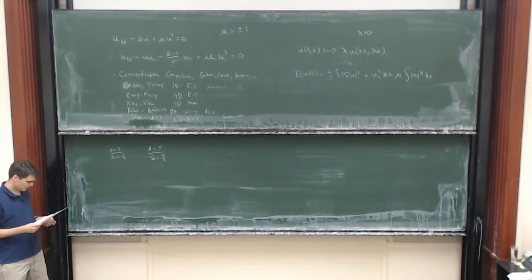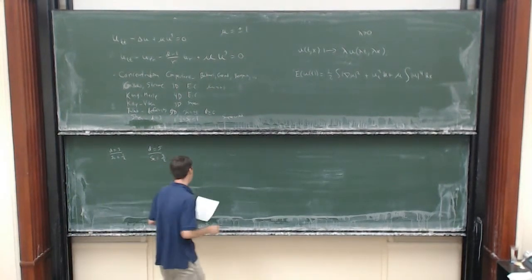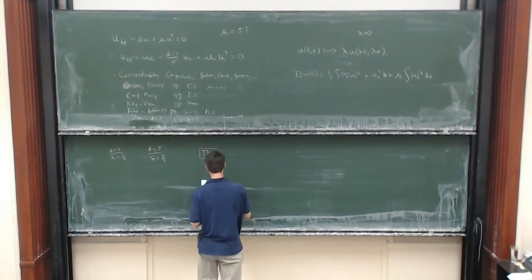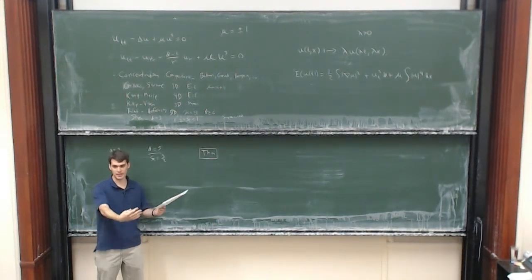Yeah. And because we don't have a conserved quantity, we assume that we have an upper bound on our norm.